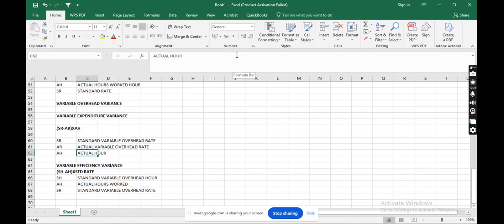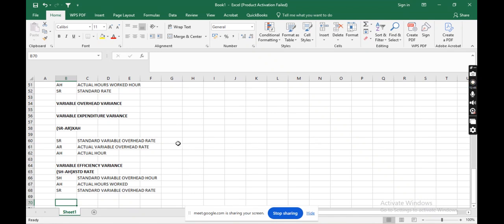While the efficiency is still the same thing, right? So the only difference is that this will be for variable, the other one for labor will be for what? Labor.